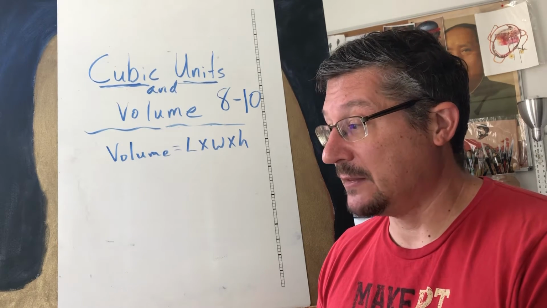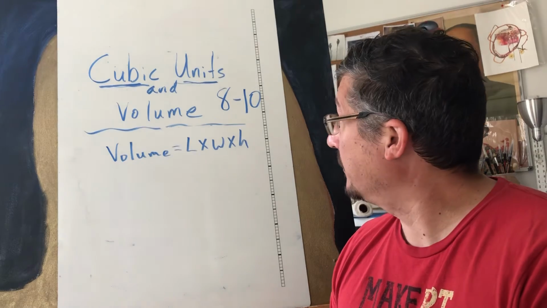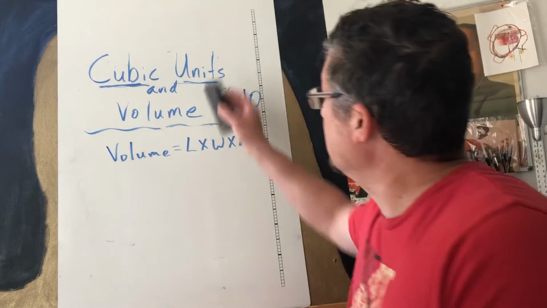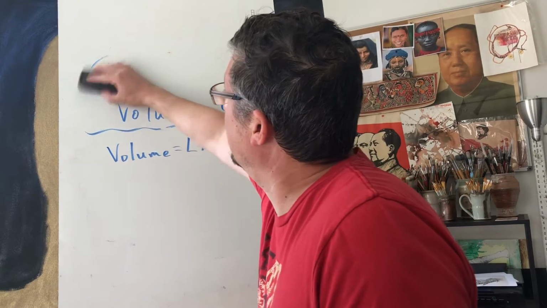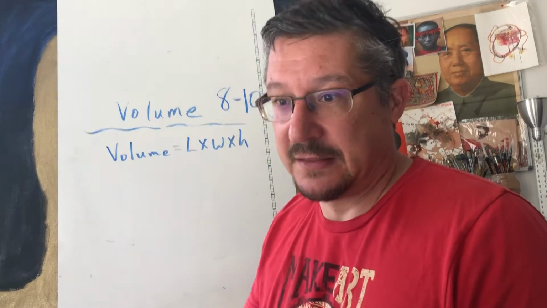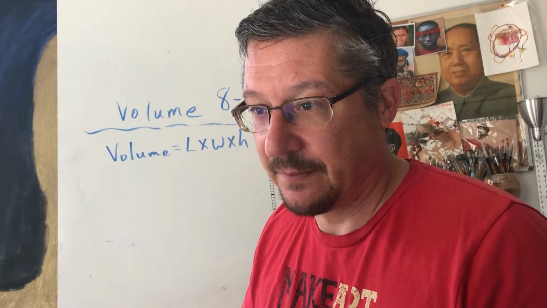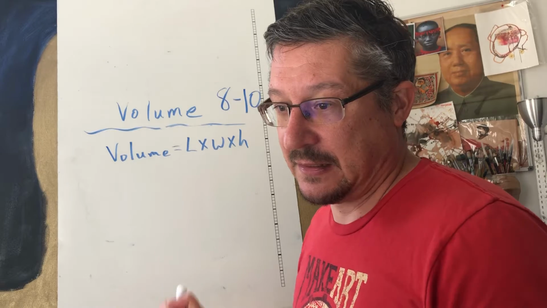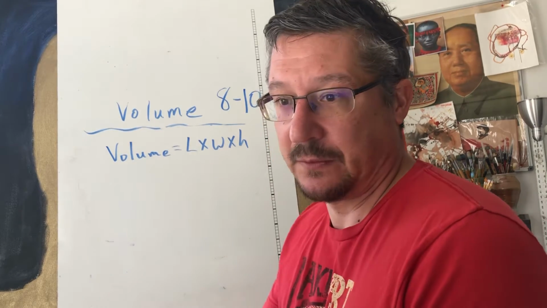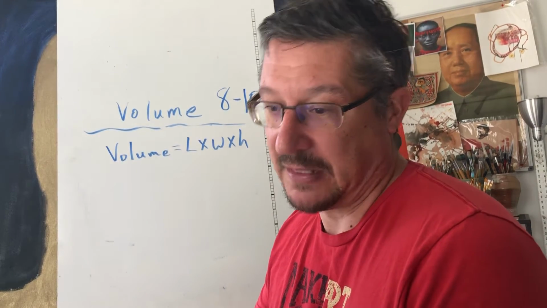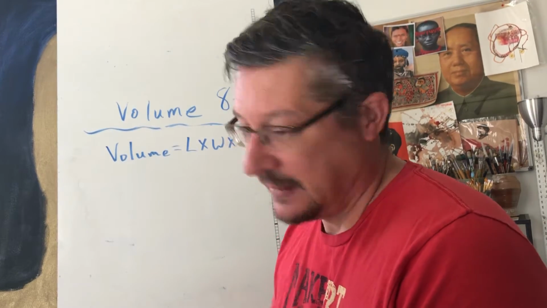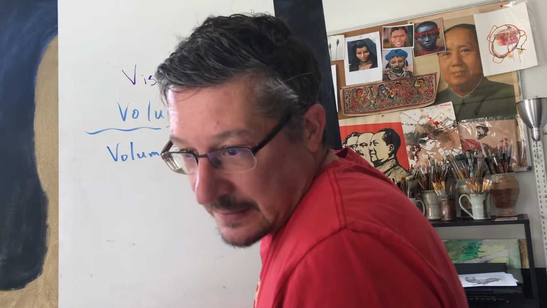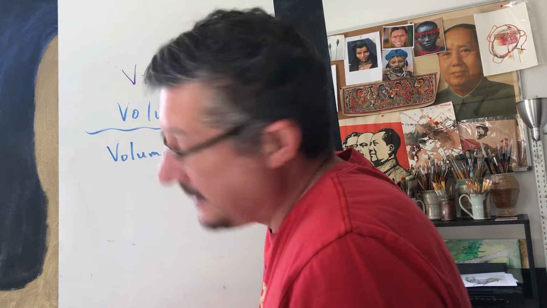So today, it's just basically figuring out volume. And I have the wrong label for this. Let me pull this up. Yeah, it is visualizing. Let's just make sure I have the right title.